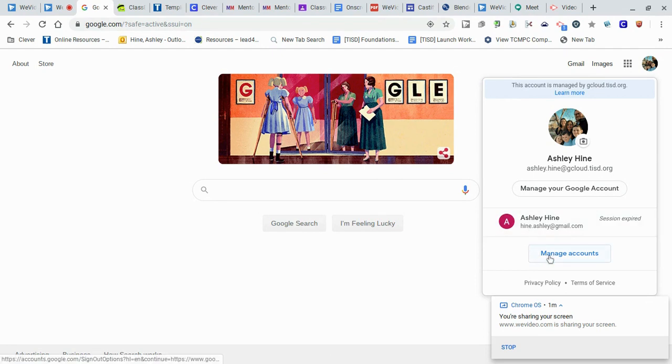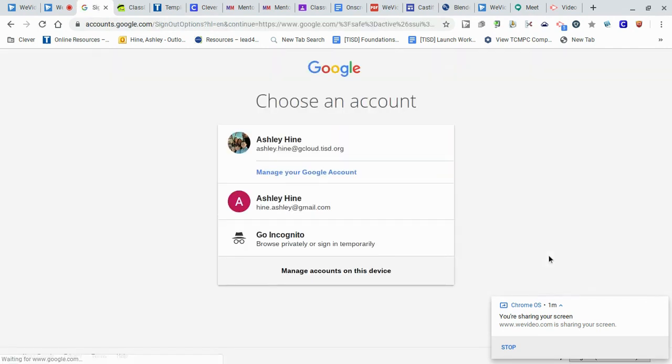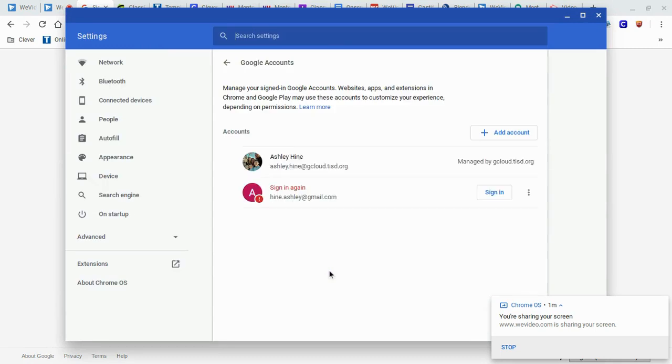So like I would go to manage accounts on this device. And I would add account. Now you probably wouldn't have to go here. It would just be an add button and you could put in a different email address and password and it would log you into two different accounts. But you can see the icons for the two different accounts. Okay.